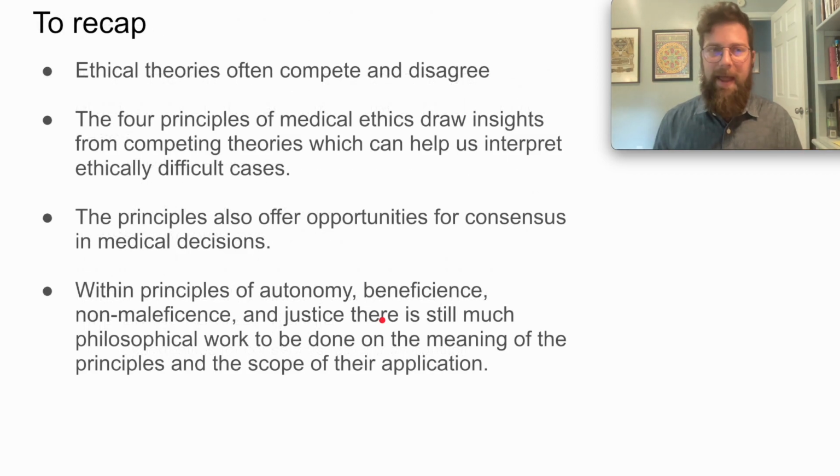So, to recap, it is true that ethical theories often compete with one another and disagree with one another. But these 4 principles that are commonly appealed to in medical ethics are drawing insights from all of the competing theories, right? So, in fact, we're borrowing some influence from Kant when we emphasize the importance of autonomy.